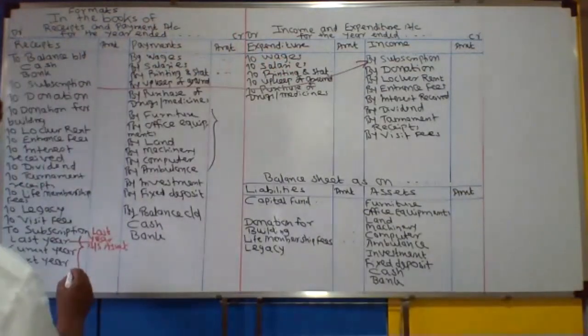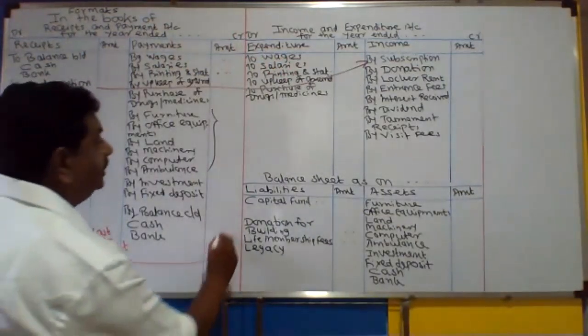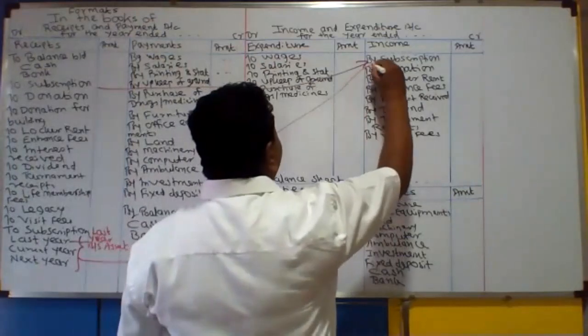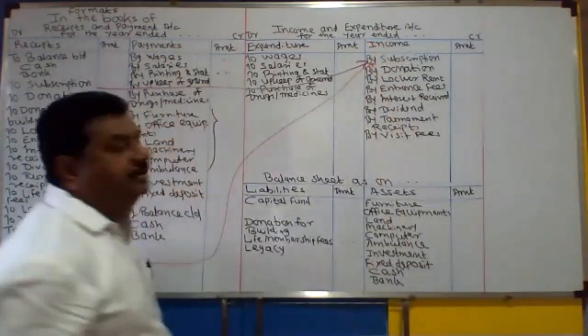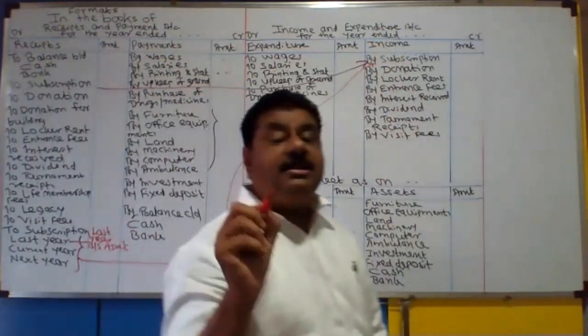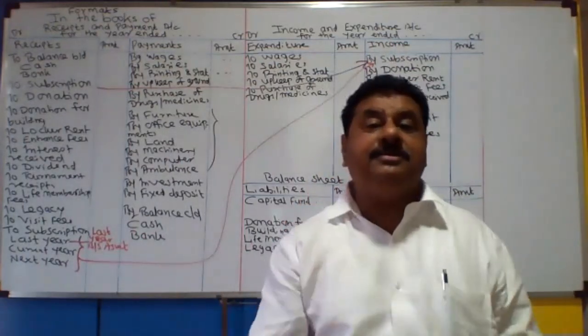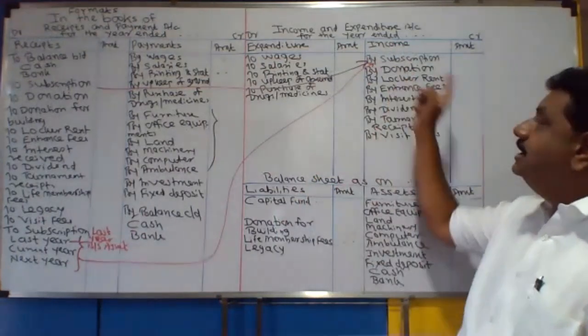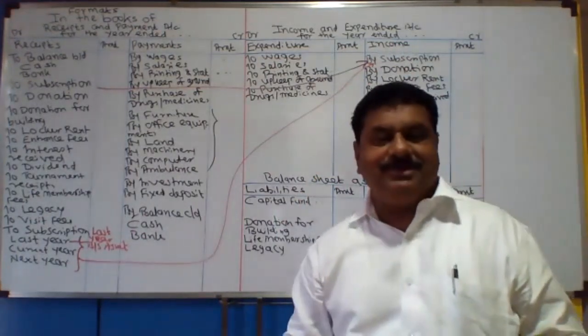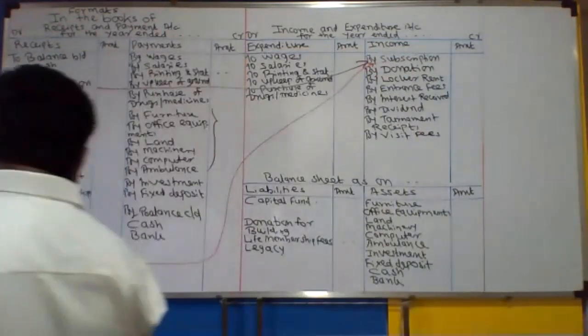What is about current year? This is to be recorded to income side like this. Current year subscription, only current year subscription will appear to income side. Okay. And what is about next year?